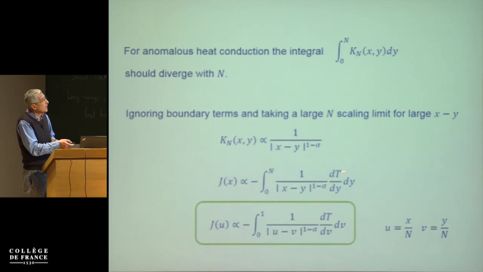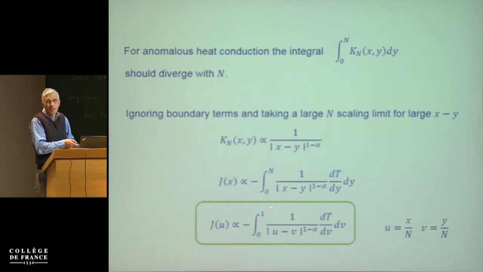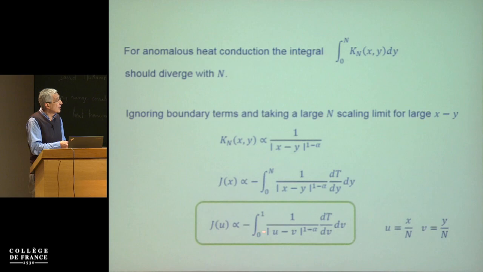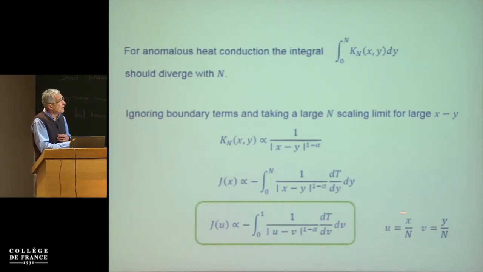If you rescale everything with n, with v equal to x over n and y over n, you have to invert this integral equation to find dT/dv as a function of v, due to the existence of this kernel.